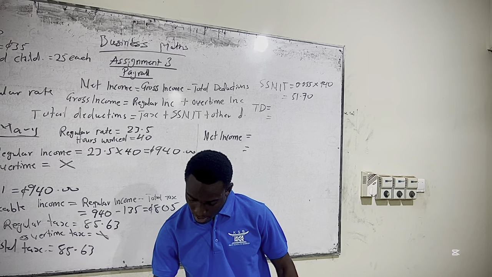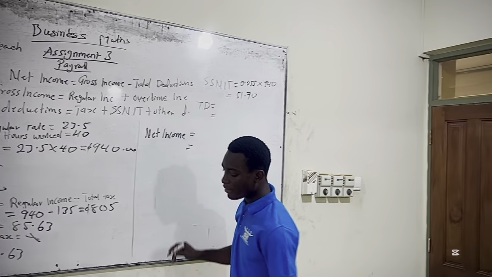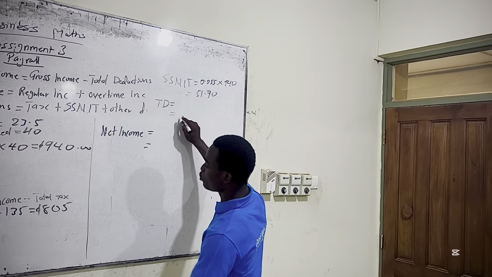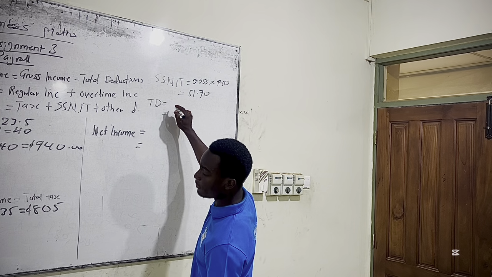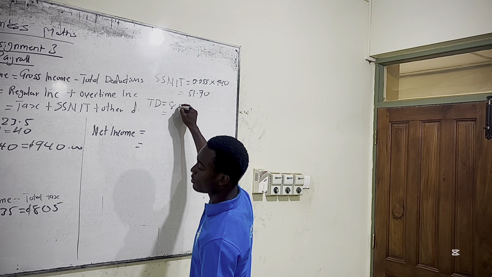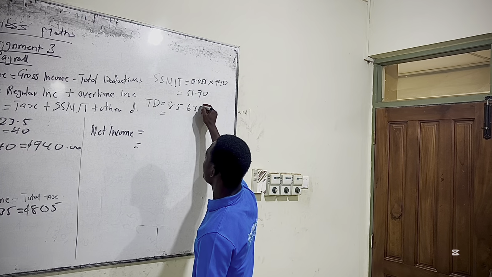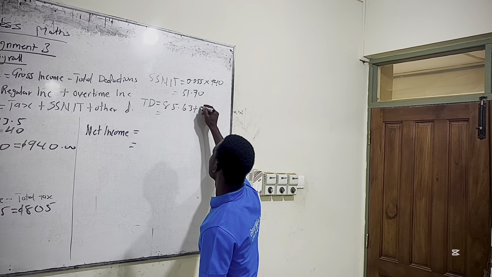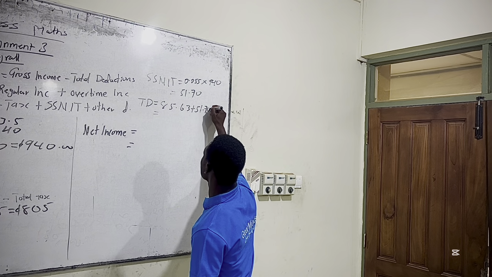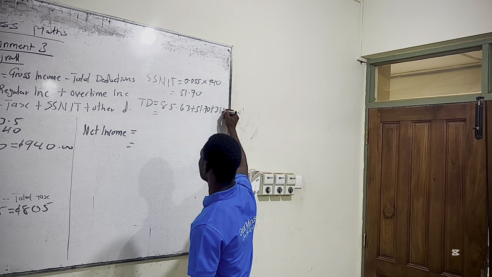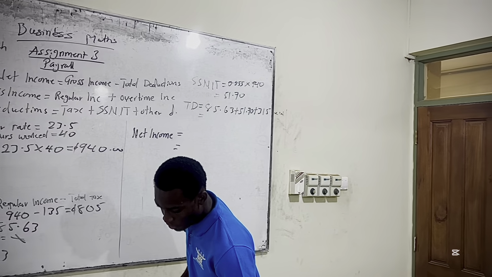Mary has other deduction of what? 315. So this is going to be what? 85.63 plus 51.70 plus 315, right?